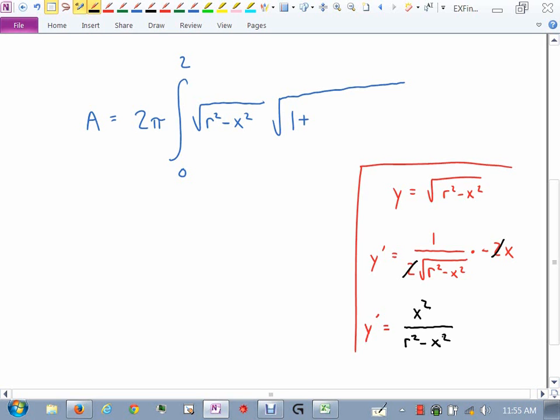So way up there in that root, next to the 1, I'm ready to plug in x squared over r squared minus x squared dx. Still with me? I think this is going to work.